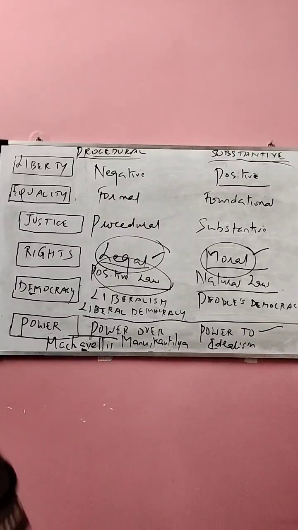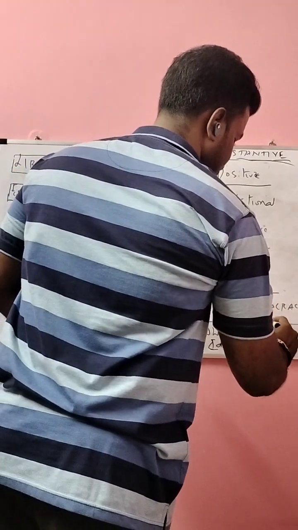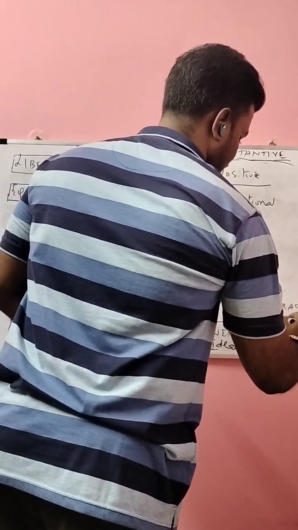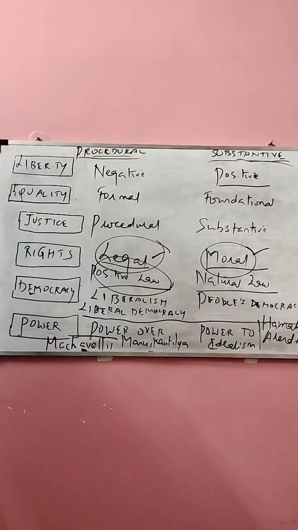Got it? This is power seen through the positive sense. The important scholar in power to is Hannah Arendt. The other scholars in power to are J.J. Rousseau, French philosopher, Enlightenment scholar. He spoke about the concept of general will.